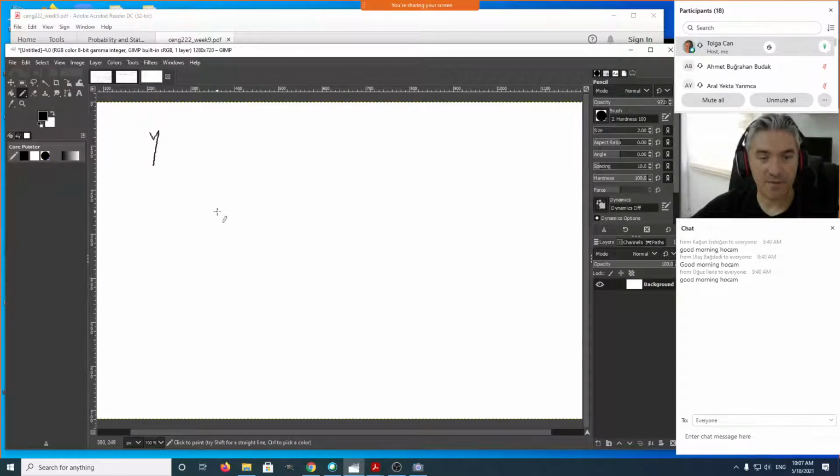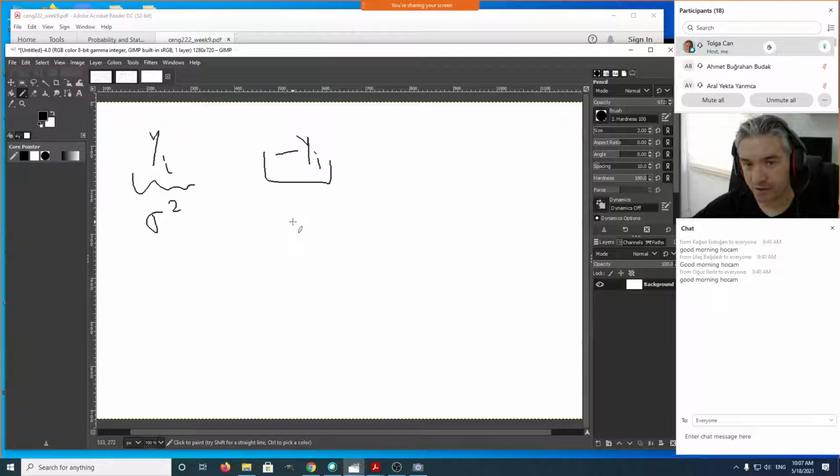Actually you could answer this really easily, intuitively. Look at this variable y. Now I suggest a new variable, minus y. If the variance of this thing is sigma square, what is the variance of minus y? It should be something positive, right? It cannot be negative. It's also sigma square.